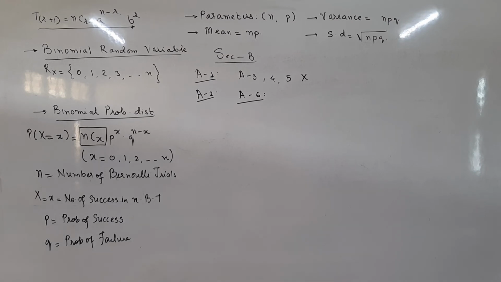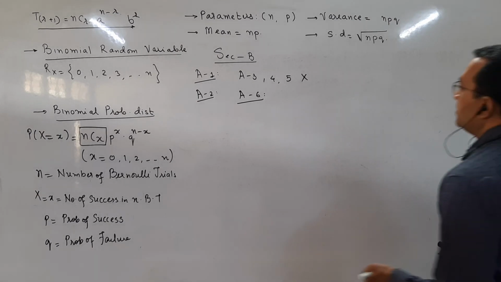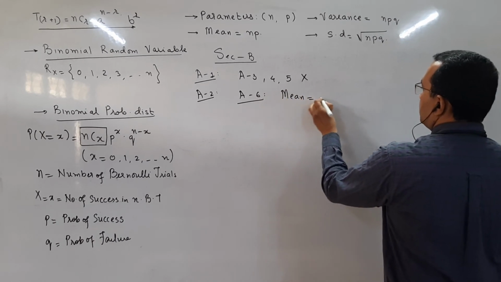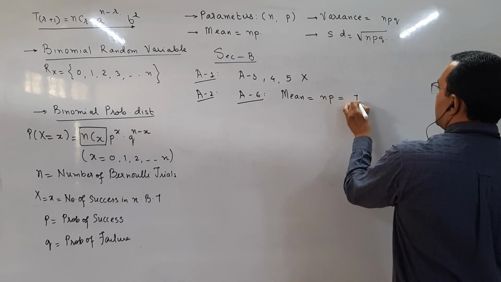Question 6. The mean of a symmetrical binomial distribution is 7. Students, the mean is np and that is 7.